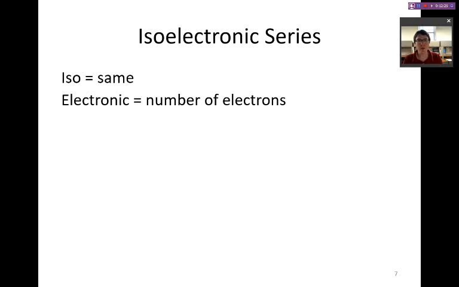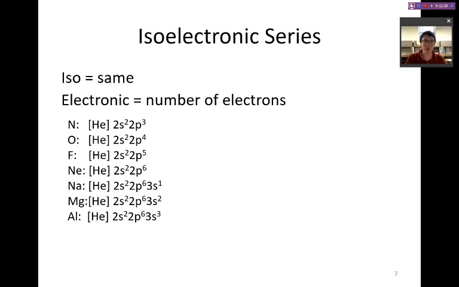We're now prepared to talk about what we call an isoelectronic series. The prefix iso means the same, and when we're talking about electronic, that's referring to the number of electrons. So an isoelectronic series is where we have elements that have the same numbers of electrons. So let's take a look first at a series of elements, nitrogen through aluminum on the periodic table.